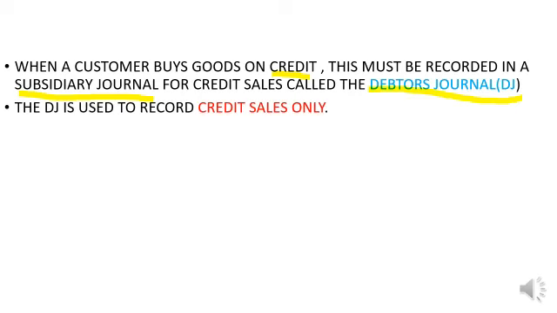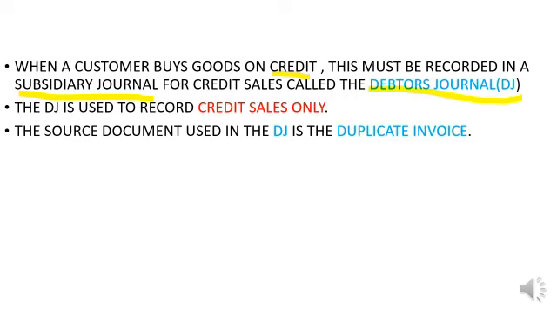The DJ is used to record all the credit sales, all of them. There is no other journal that is meant for that. And the source document that is used for the DJ is the duplicate invoice. Remember, we said whenever goods are sold on credit, there must be proof that the customer now owes. So the proof is shown on the what?